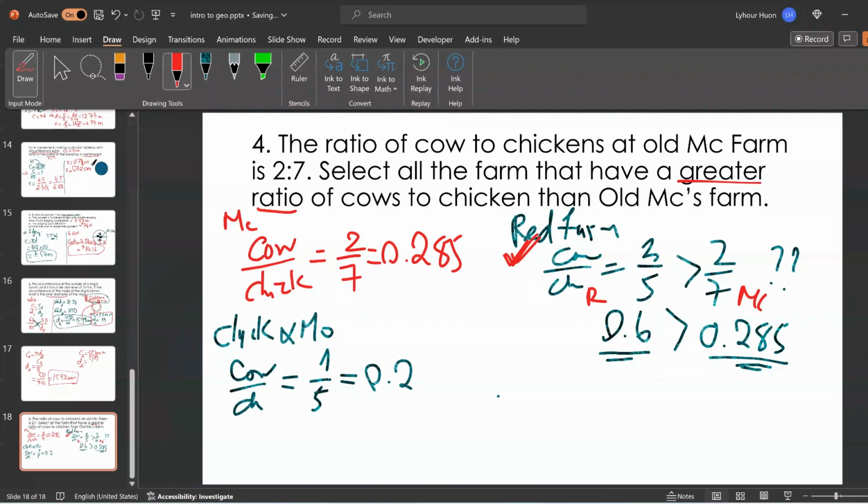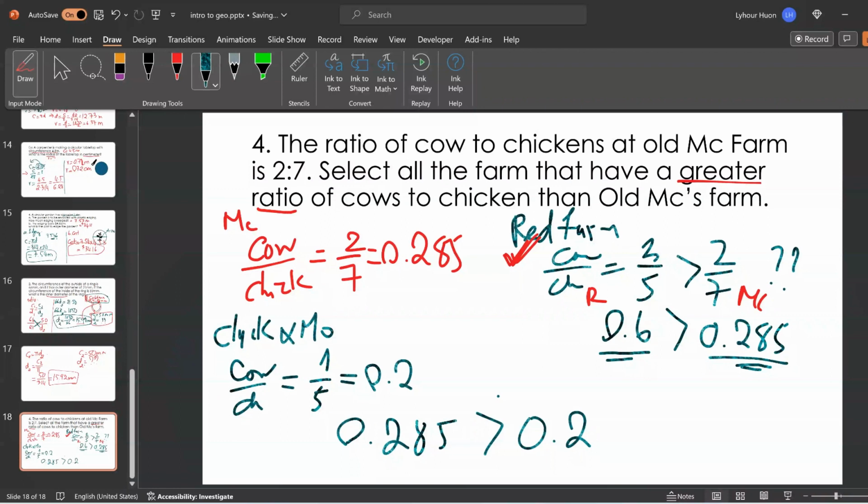0.285 and 0.2, which one is greater? Wait, hold on. Is it 0.285? Yes, 0.285 is greater. Why are you not answering with confidence? Because I don't know. Okay, so basically 0.285 is greater than 0.2.